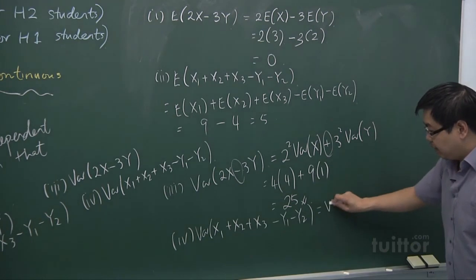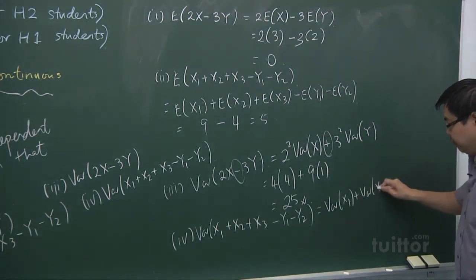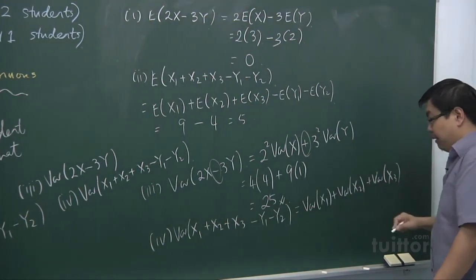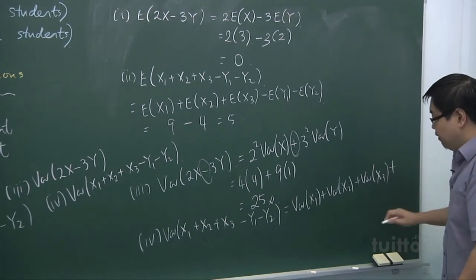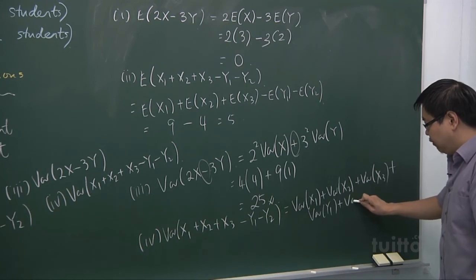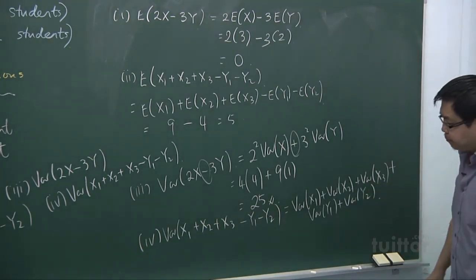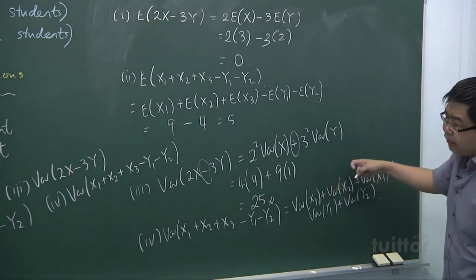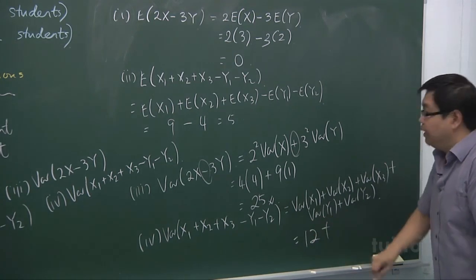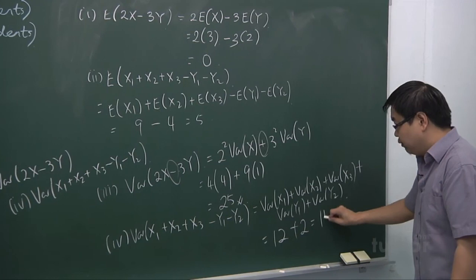You again can split it up into variance of x1 plus variance of x2 plus variance of x3, because they are independent, plus variance of y1 plus variance of y2. Each variance of x is 4, so 4 times 3 gives you 12. And each variance of y is 1, so that gives you 2, so it gives you 14.